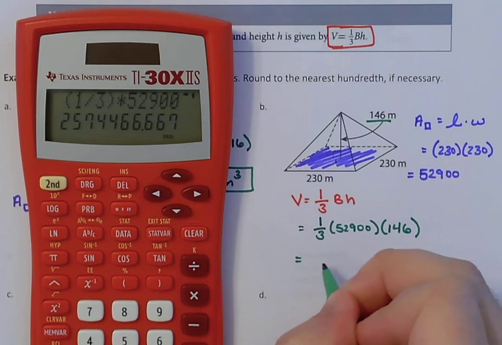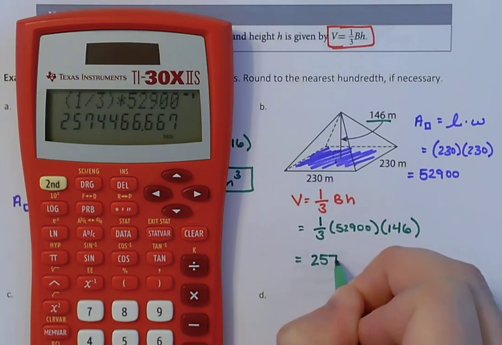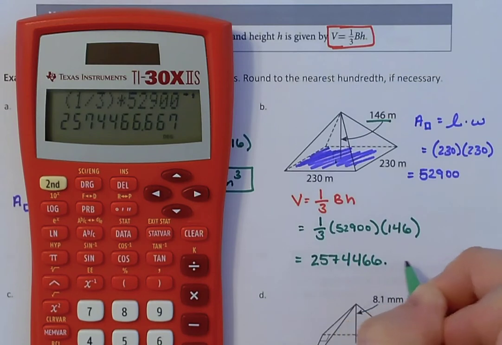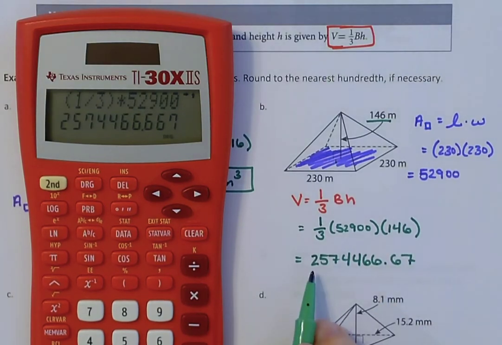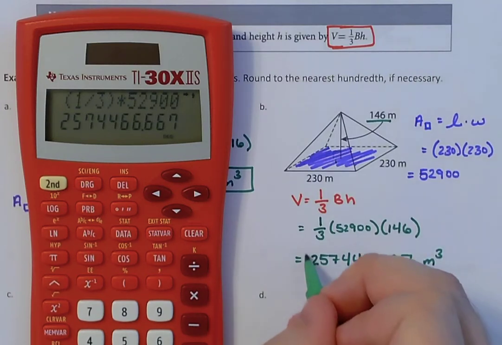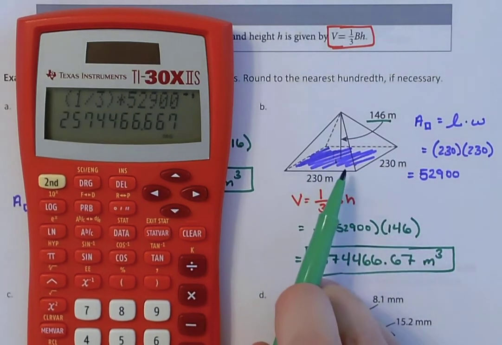So this is going to be 2,574,466.67 meters cubed. And that is the volume of this pyramid.